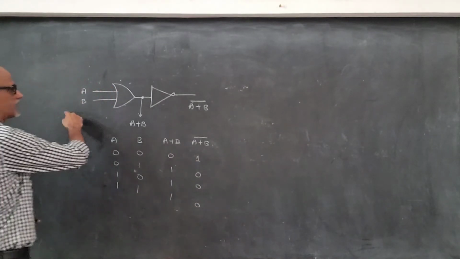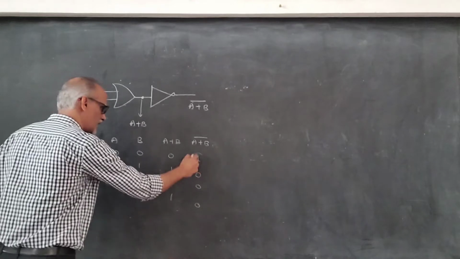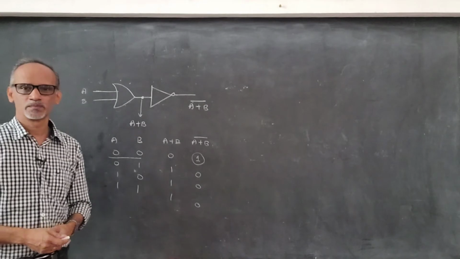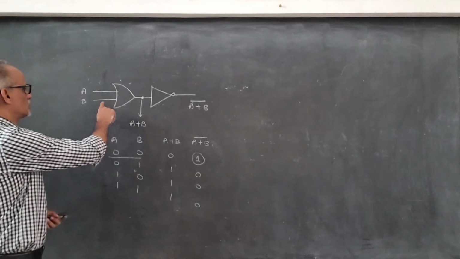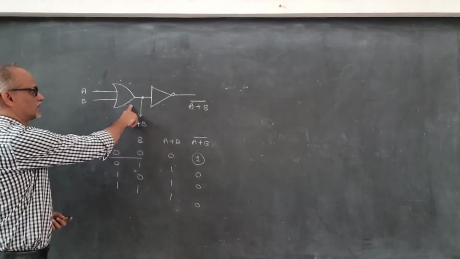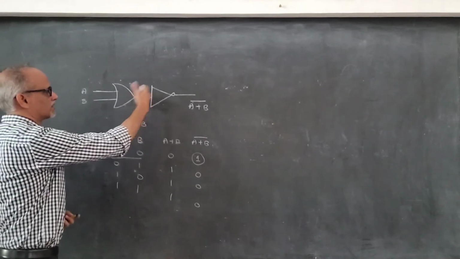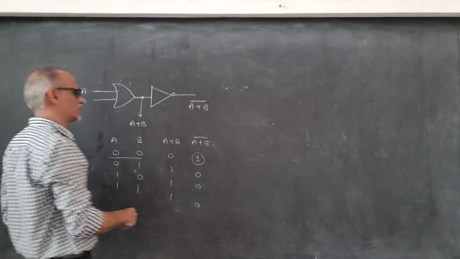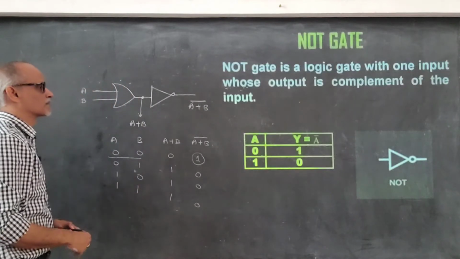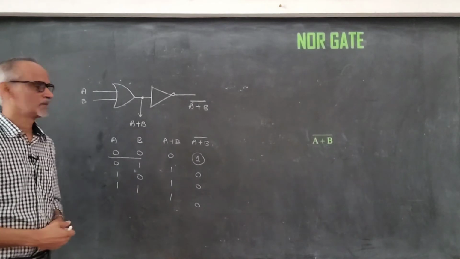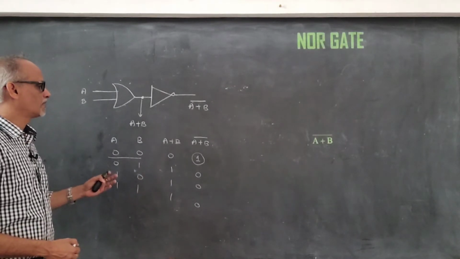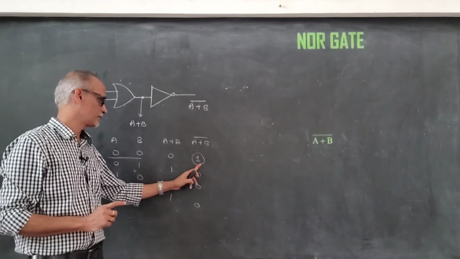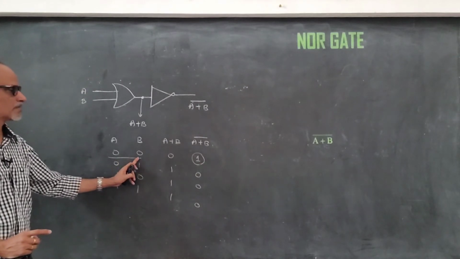Therefore, for the kind of gate that we have designed here, the output is high when all the inputs are low. So an OR gate, with the help of a NOT gate, has its output made complementary, or inverted, and such a gate is called a NOR gate. So the NOR gate is a 2 input or 2 or more input logic gate whose output is high when all the inputs are low.